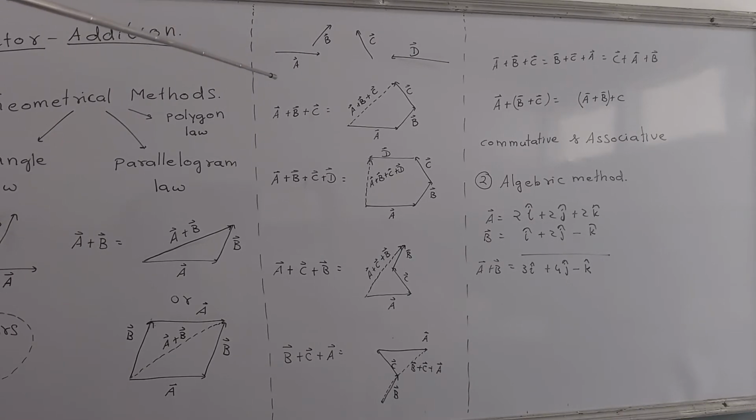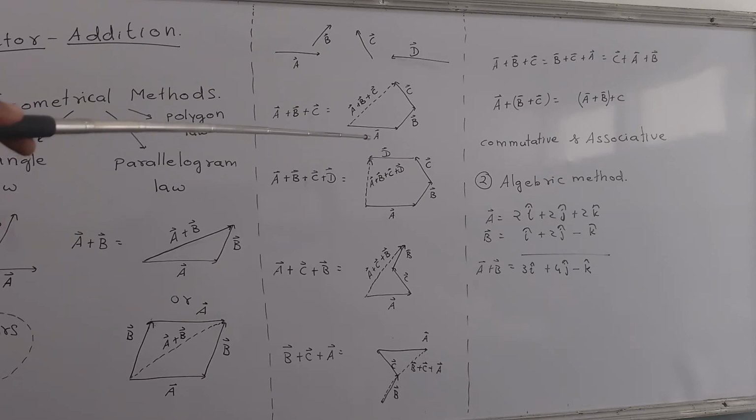Here, now I have four different vectors. You can see vector A, vector B, vector C and vector D. Now what I'm doing is, first I'm drawing these three vectors, vector A plus vector B plus vector C. What to do? First draw vector A, because A is written first.